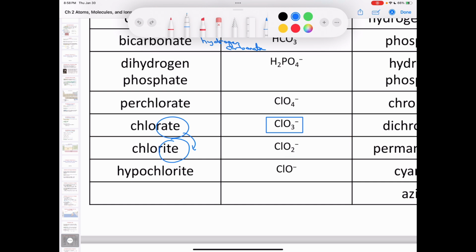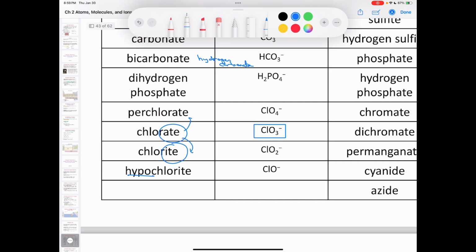And then if you take the ite and go to the hypo-ite, so hypochlorite, then you lose another oxygen. So you go from ClO2 -1 to ClO -1. And you probably picked up on the trend here that if you go from ate to per-ate, like perchlorate, then you add an oxygen. So again, as long as you know the ate, you can figure out the ite, the hypo-ite, and the per-ate.